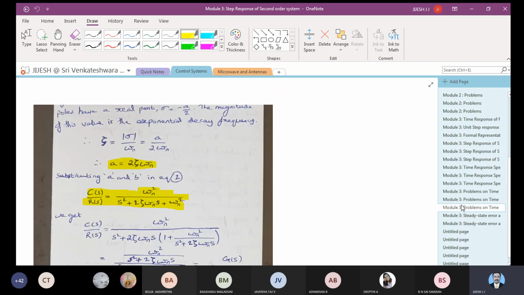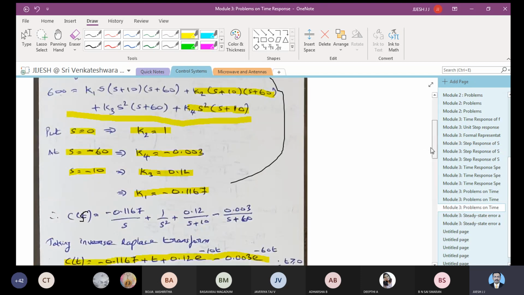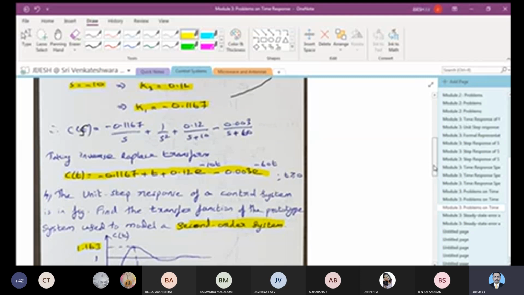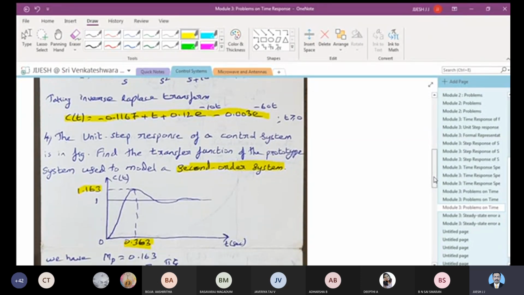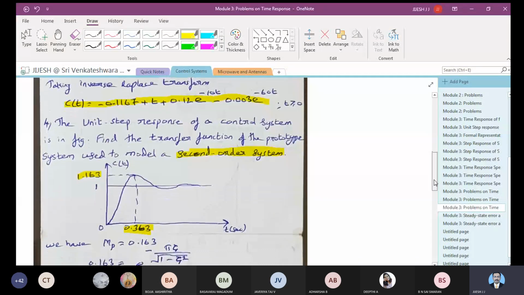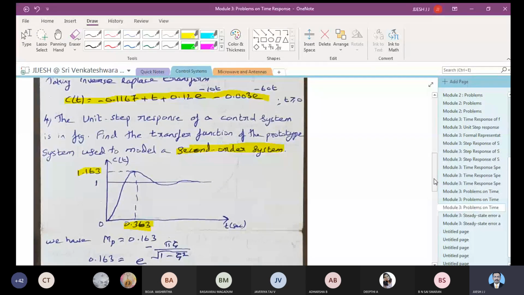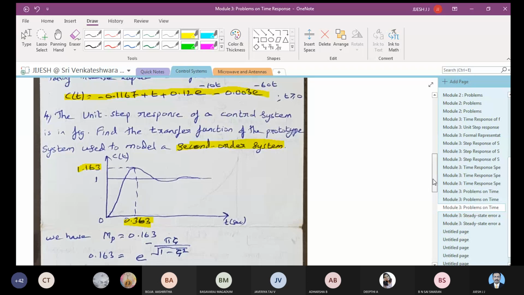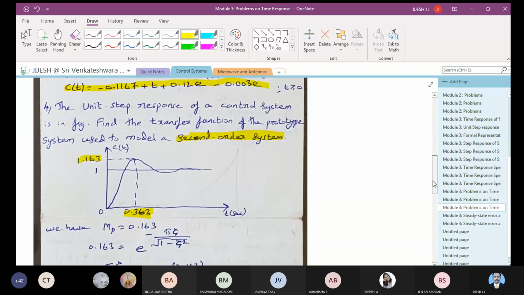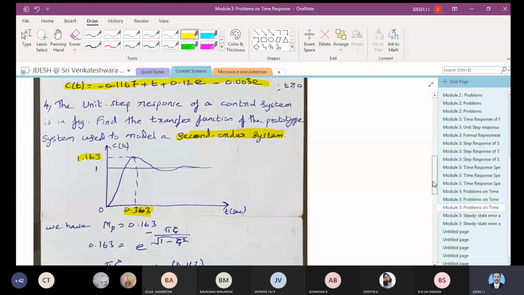You got the value of Mp, and that is 0.163. Once you have it, to find zeta and omega you have to use the equation for Mp: 0.163 is equal to e to the power of minus pi zeta divided by root of 1 minus zeta square. So how to solve it?